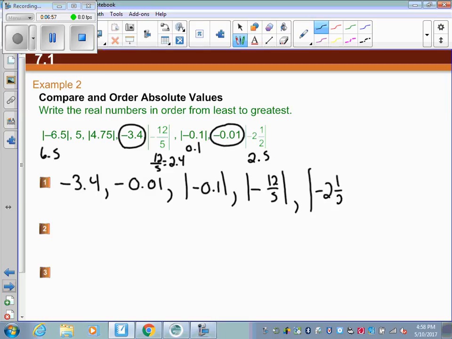That's the value of that. The next one is 4.75. The next one is just 5, and the last one is the absolute value of negative 6.5. Okay?